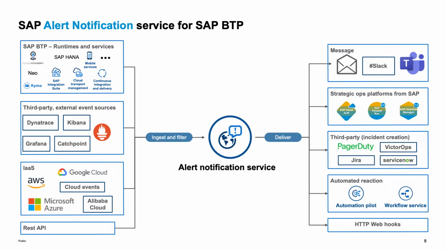So Alert Notification Service can consume information from various BTP services like HANA Cloud or Cloud Foundry or Neo and so on and so forth, and then route it to various different channels, whether it is a Slack channel for external consumption or MS Teams, or if you're going more towards incident management tools like PagerDuty or ServiceNow, Alert Notification Service is able to smartly deliver these alerts and events to these destinations as well.